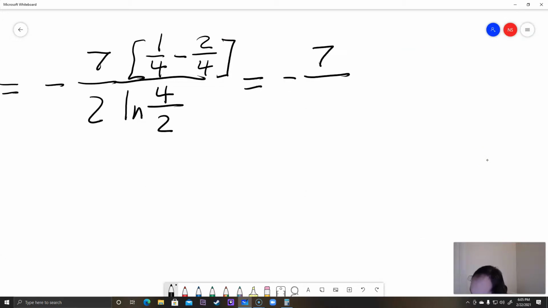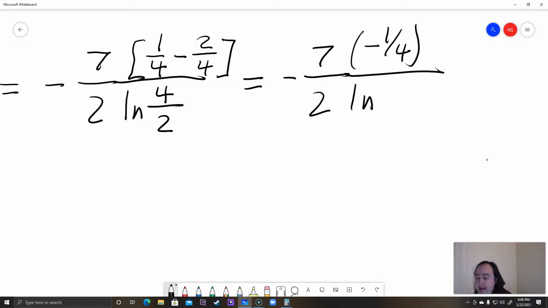So we have negative 7/2 times negative 1/4 on the top. And then on the bottom, just like with the x center of mass, we have ln of 2. Remember, negative 1/4 up here is the same as negative 4 on the bottom. These minuses are going to cancel out, so I can cross out the minuses.